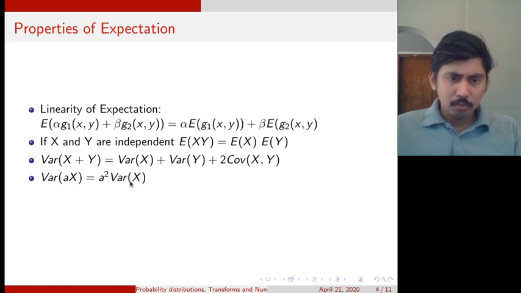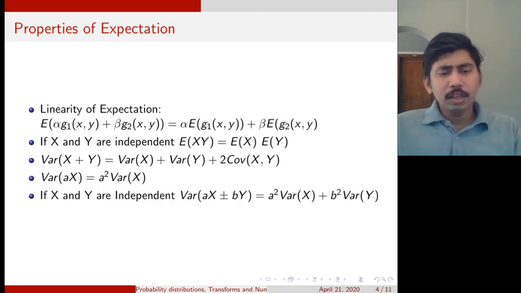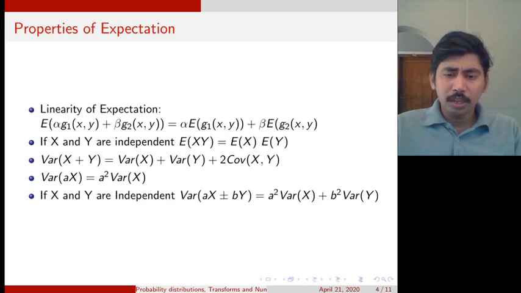When the constant is taken outside, it should be squared. If x and y are independent, then variance of ax plus or minus by equals a square into variance of x plus b square into variance of y, which applies only to independent variables. You should remember that this equation is only applicable to independent variables, because covariance of x, y becomes 0 in the case of independent variables.